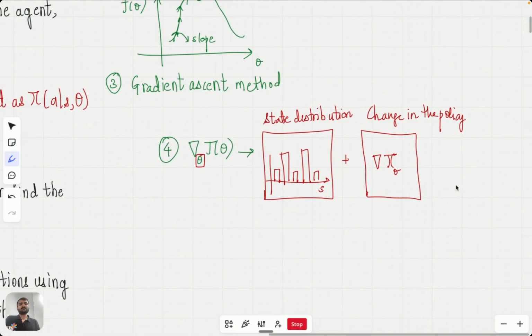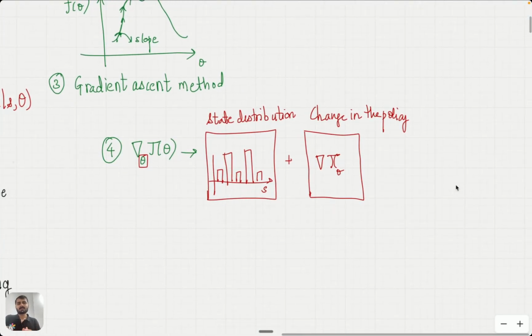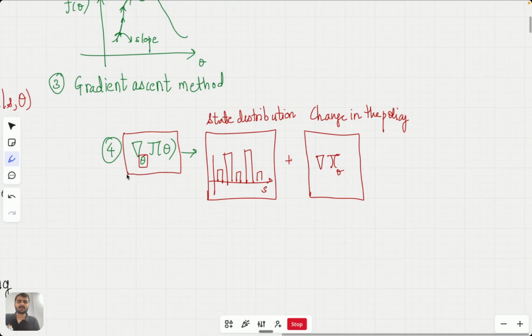So now the challenge that we faced while calculating this gradient was that it involves two independent gradients. The first is the gradient of the state distribution, and the second is the gradient of the policy itself. This is a tough problem to solve because it's hard to find how the state distribution will change as the policy parameter changes.